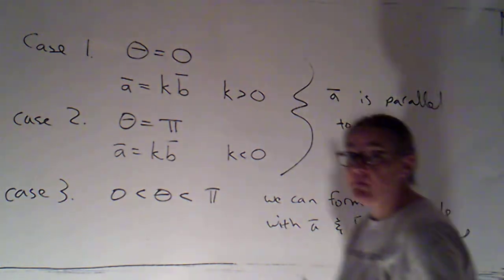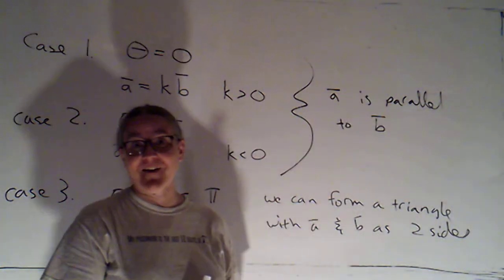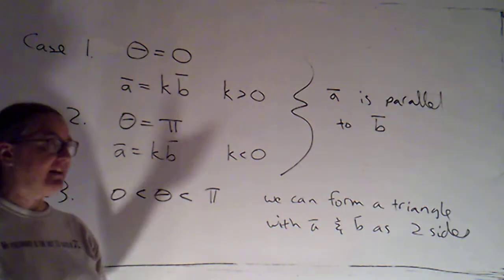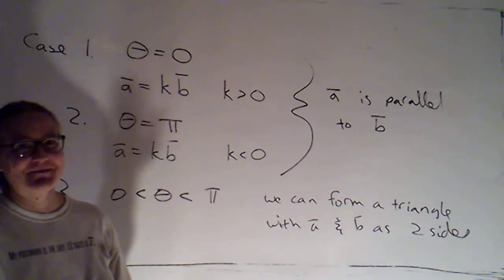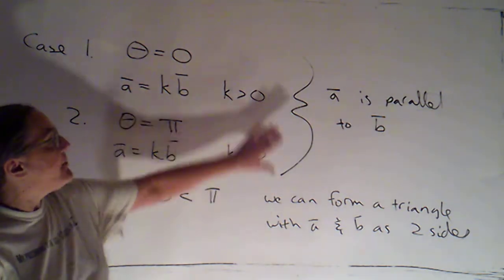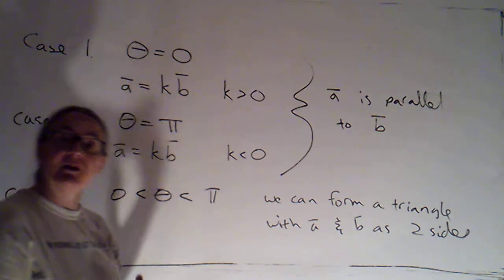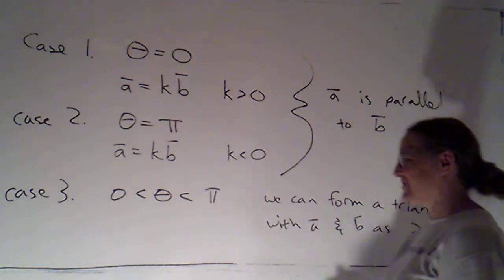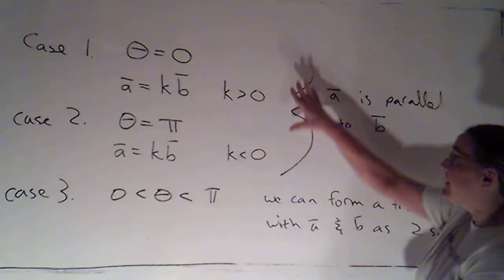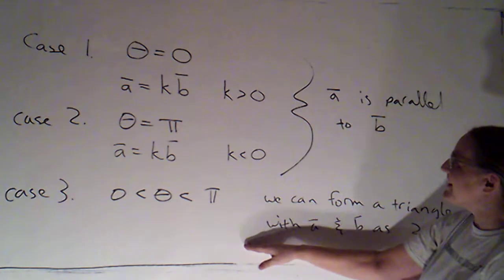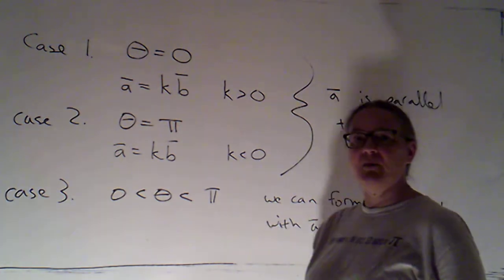And when we do that, we'll be able to use the law of cosines, which describes a relationship between the lengths of the sides and the cosine of an angle in our triangle. But if they're parallel to each other, if the angle between them is 0 or pi, I'm not going to be able to form a triangle. So I won't be able to prove these cases the same way I can prove this case. All right, so that's sort of an outline of our plan.